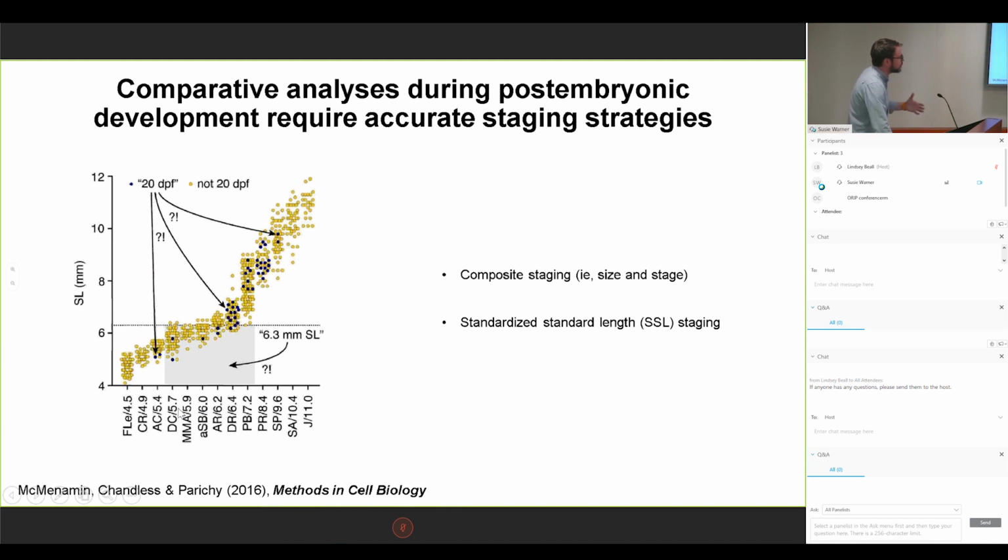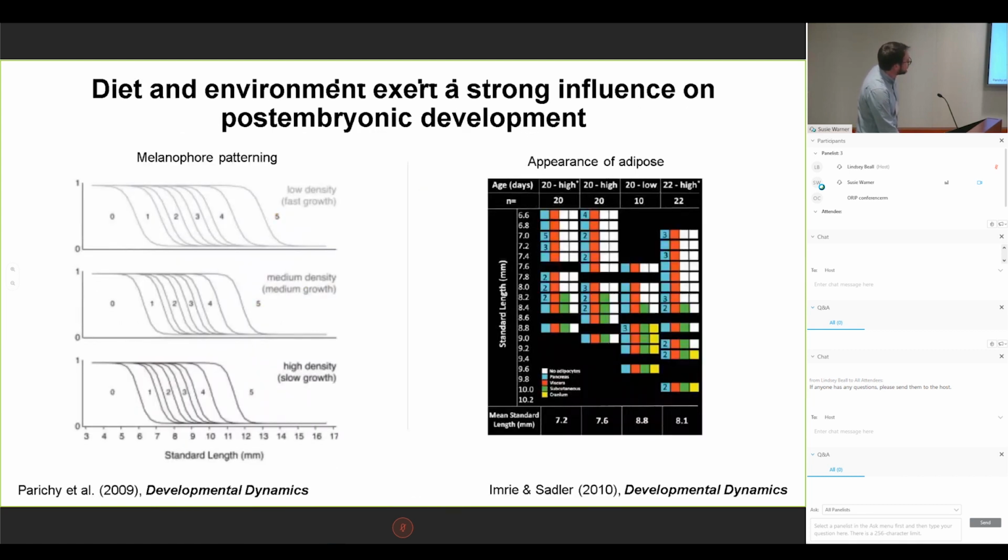So it's really important, and I think that this needs to be incorporated into any evaluation of dietary success, is using this established staging criteria that was established a few years ago by the Parichy lab.